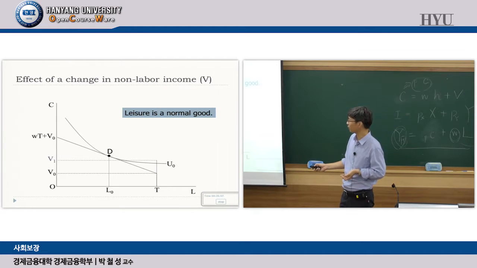Your non-labor income changes from V0 to V1. So you had $1 billion in your pocket. Now you have $2 billion. Now it increased from V0 to V1.